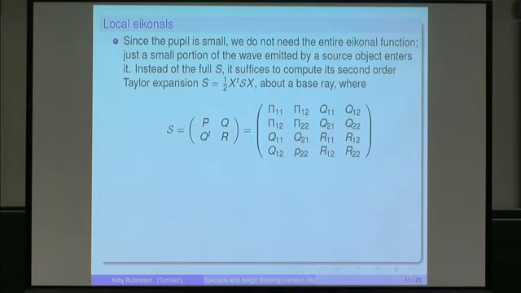This matrix S is an approximation of the local behavior of the point iconal function in every gaze direction. And what we realized is that it contains everything we need for optometry and lens design.